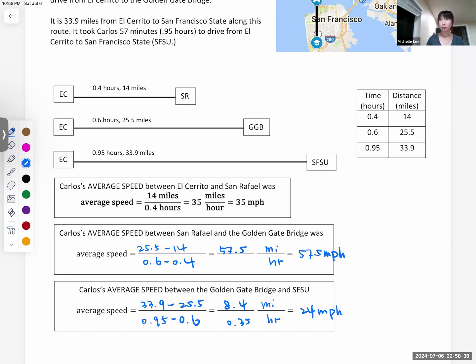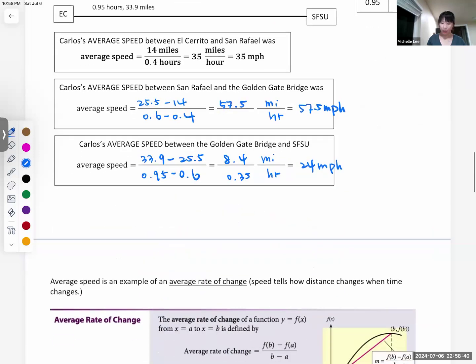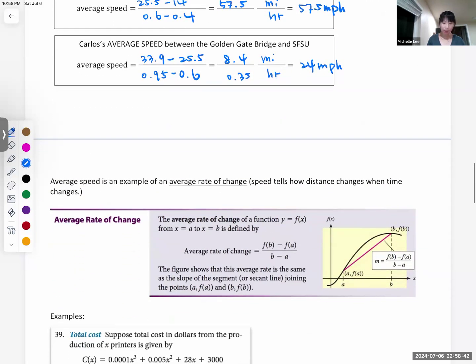Okay, now we have terminology. Average speed is an example of average rate of change. So speed is one of average rate of change. And what is this?